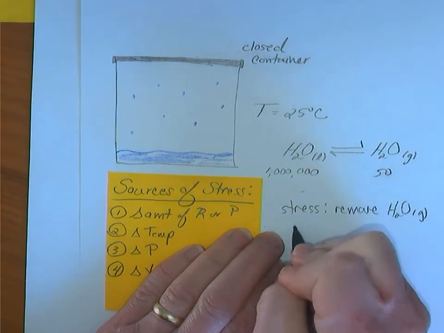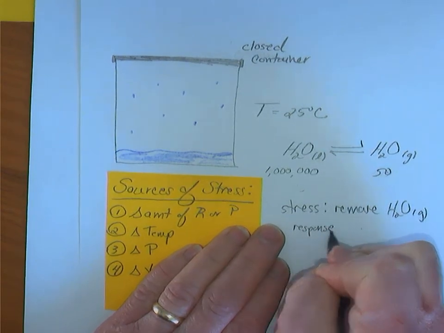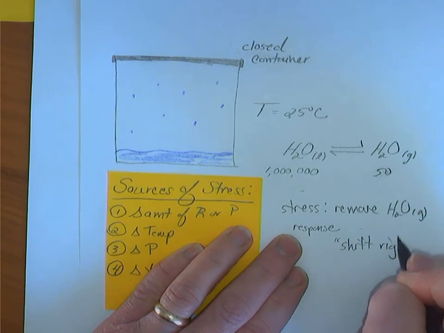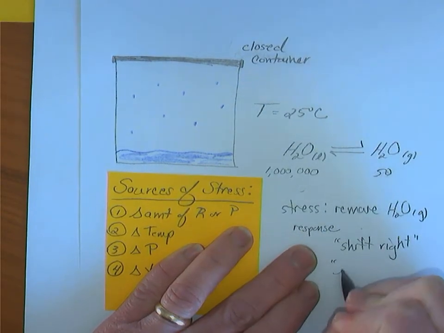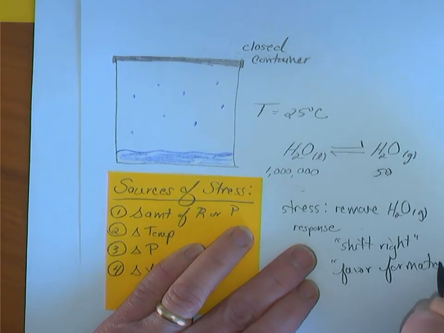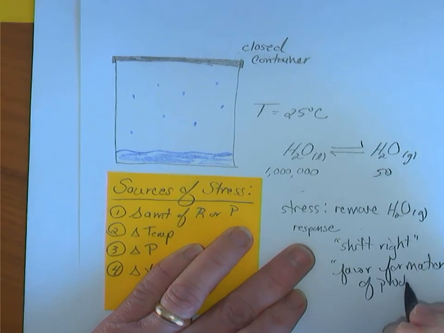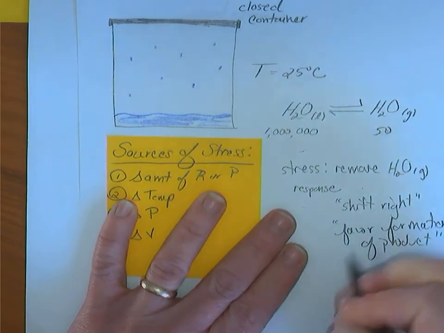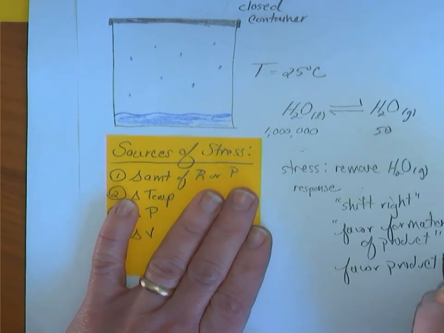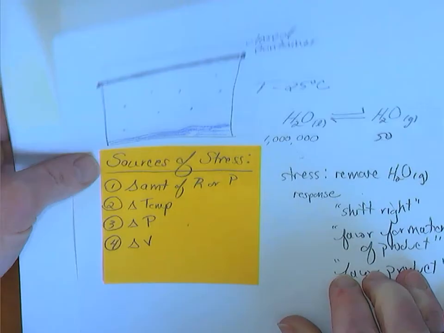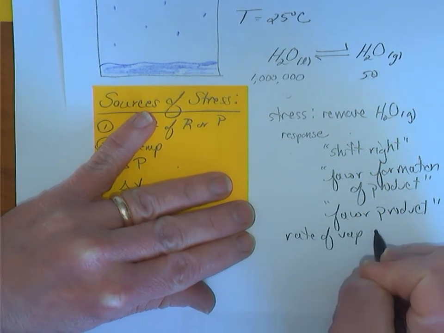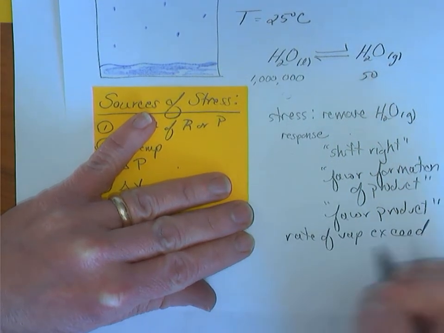So the response is the reaction will shift right, or we could say favor formation of product, or we could say favor product, or we could say that the rate of vaporization will exceed the rate of condensation.